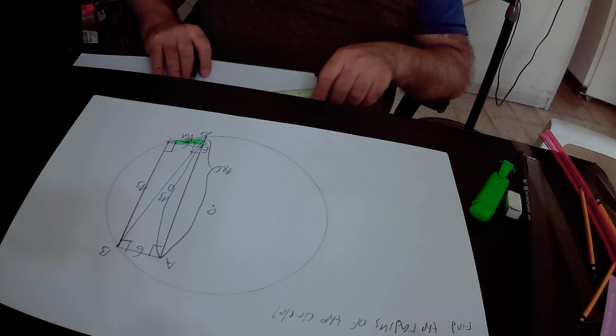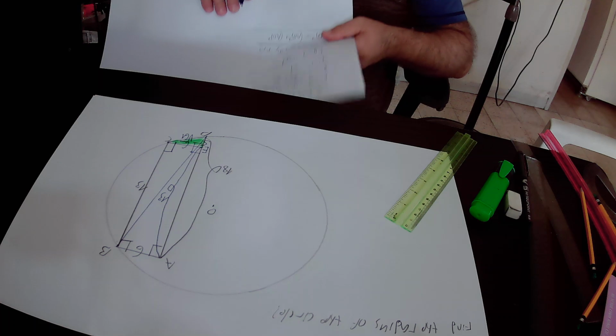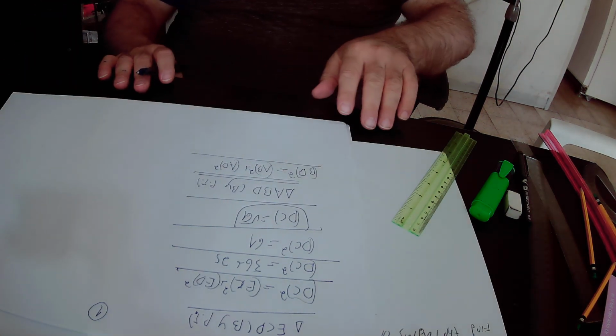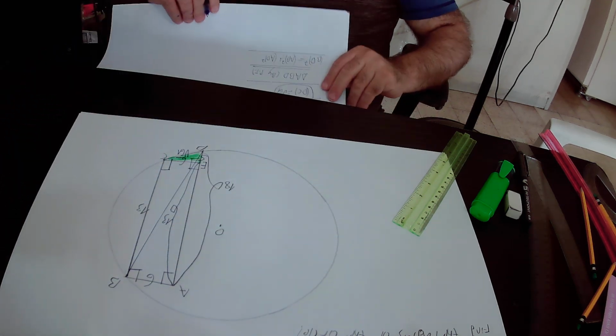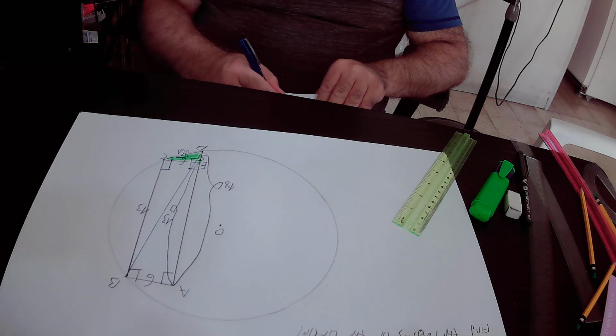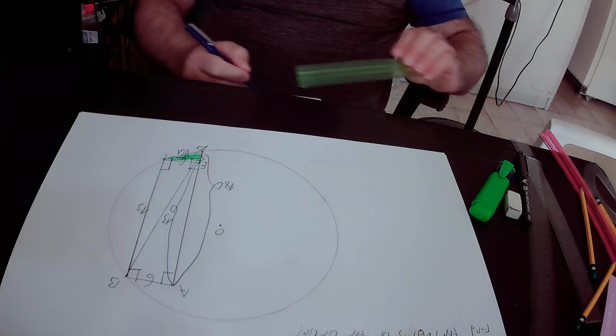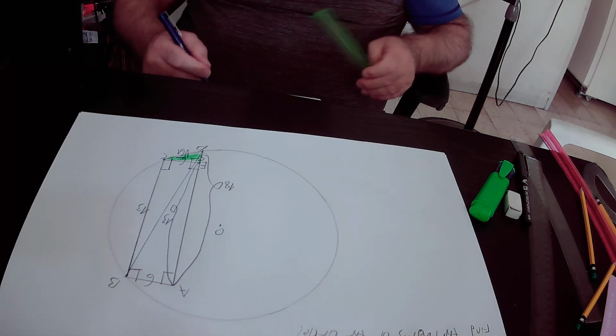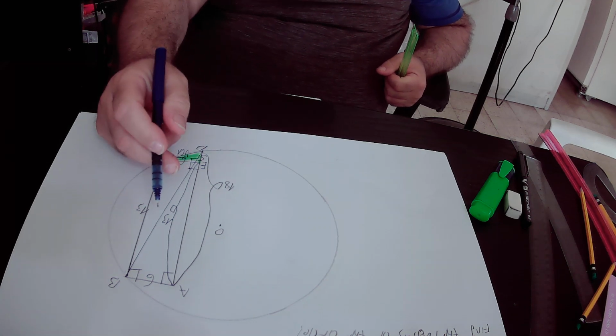So in conclusion, we found out that in the right triangle ABD, according to the Pythagoras theorem, BD square equals AB square plus AD square. So BD square, that is the square of the hypotenuse of the right triangle ABD, equals AB square.